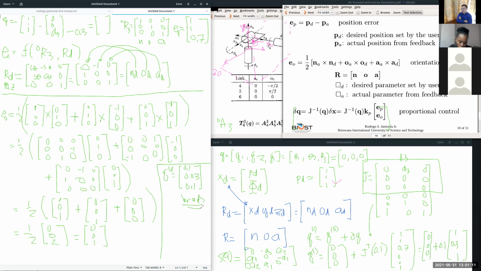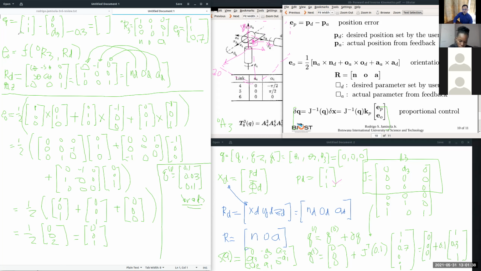Then you substitute now. You repeat the process. To repeat the process, you have to go back to the Jacobian again and key in the values of J. After the J, you compute the error terms of the position and the orientation, checking the one that changes here.